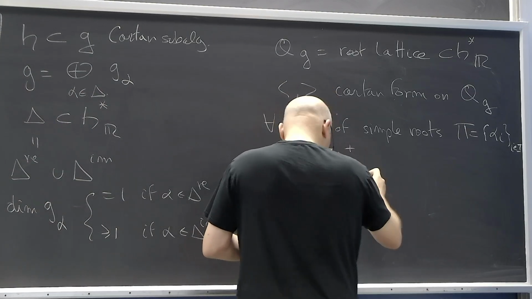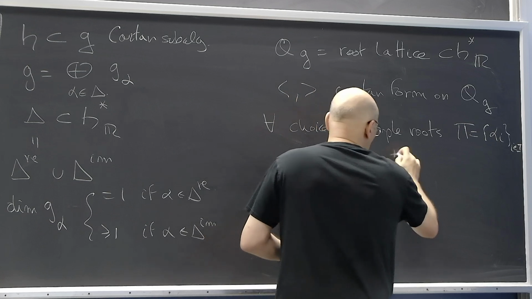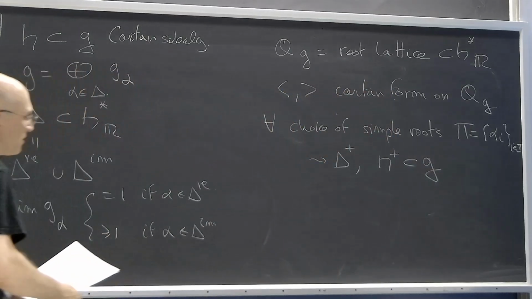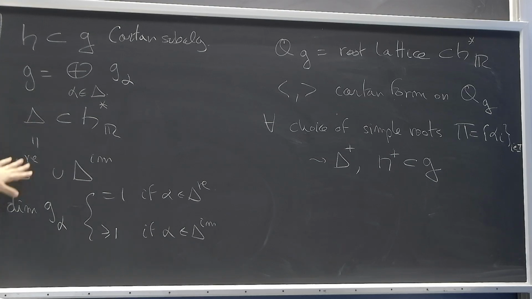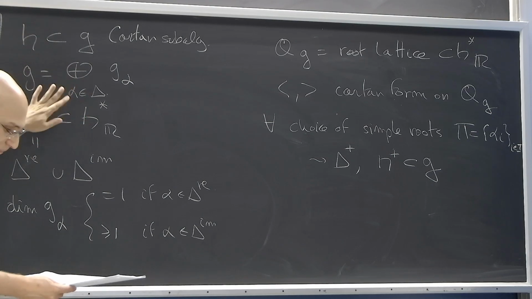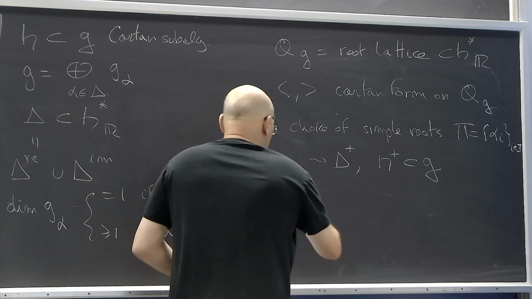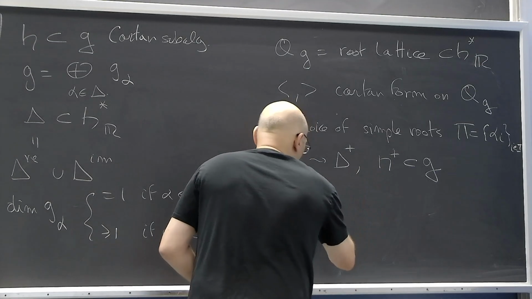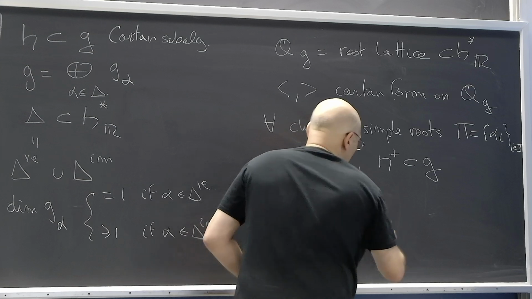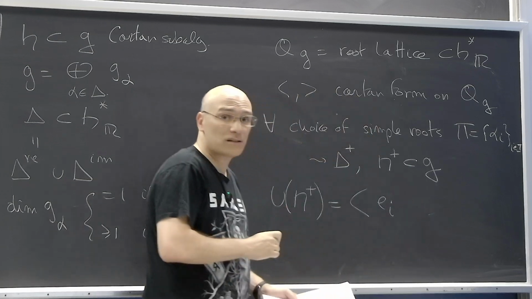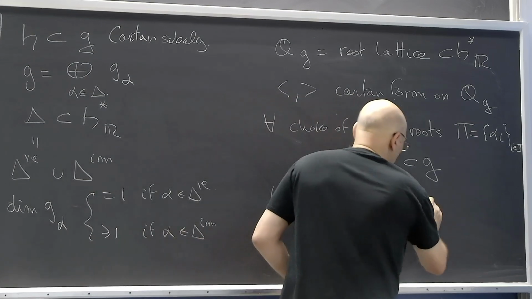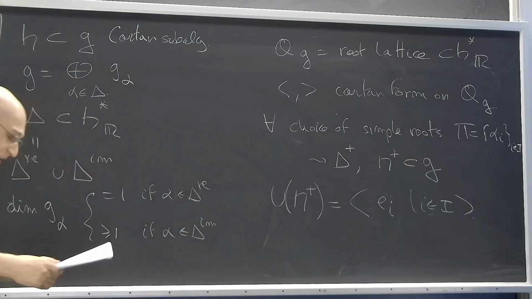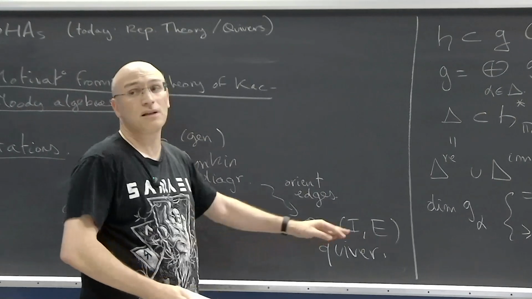I have a positive root system, and then I have a positive subalgebra inside of G. So for every choice of simple roots, I have a way to say what is half of this algebra. And one can typically consider the enveloping algebra of that positive half. And this is generated by the so-called Chevalley generators, which are E_i when i is in I. And that's all we need to know about the structure of Kac-Moody algebras.